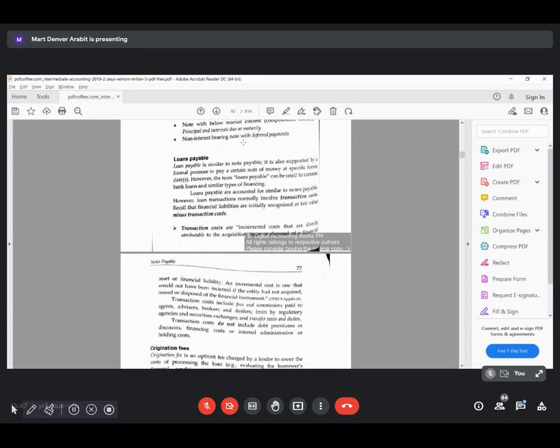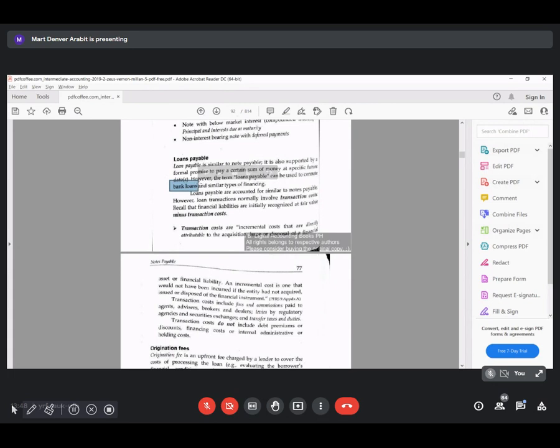Loans payable is similar to note payable, yes. It is also supported by a formal promise to pay a certain money to specific future date. However, the term loans payable can be used to connote bank loans and similar types of financing. So dito, ginagamit niya yung loans payable, especially for bank loans.